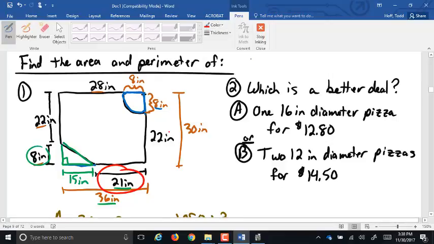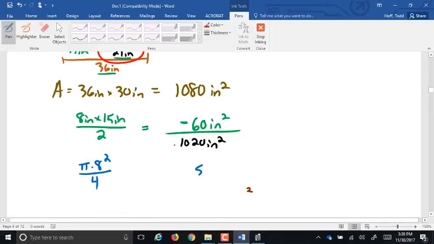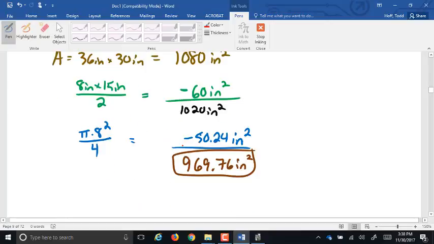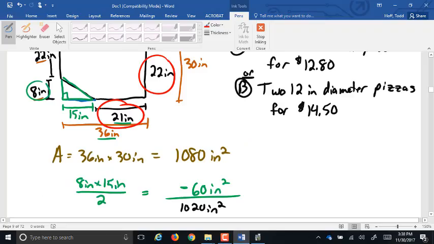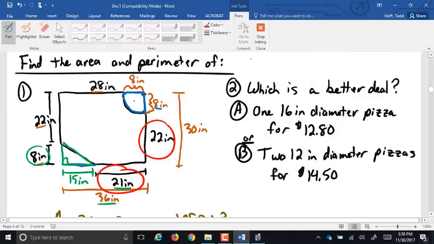We have 21 and 22. We're going to have to find this arc of a quarter circle a little bit. We have 28 and 22.